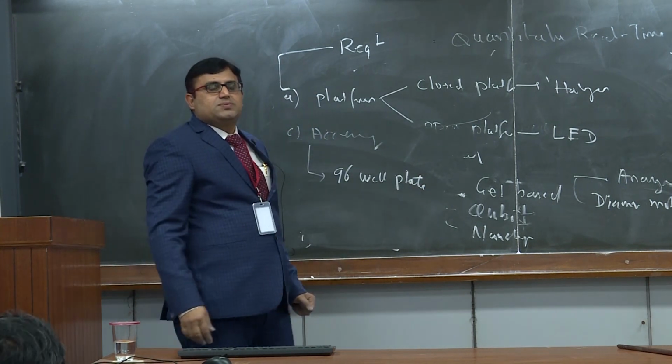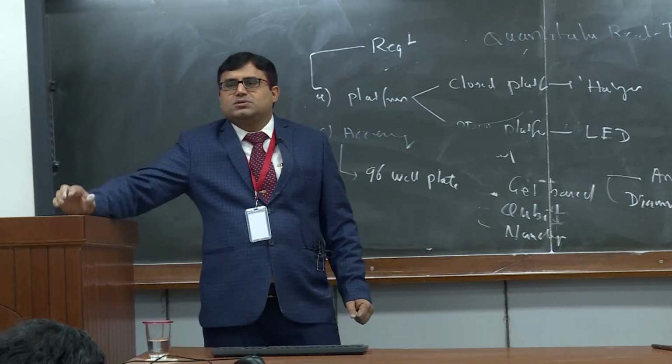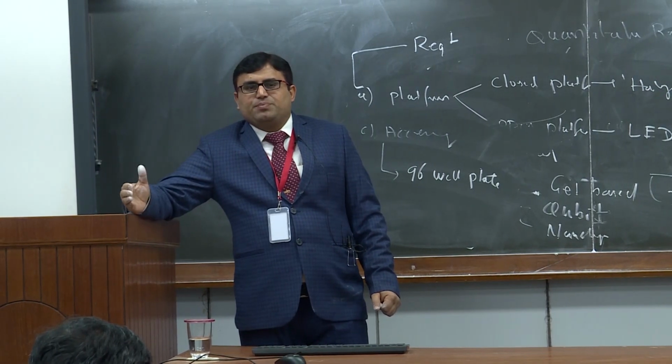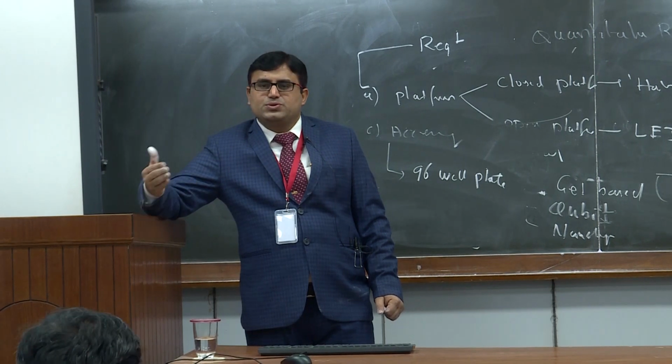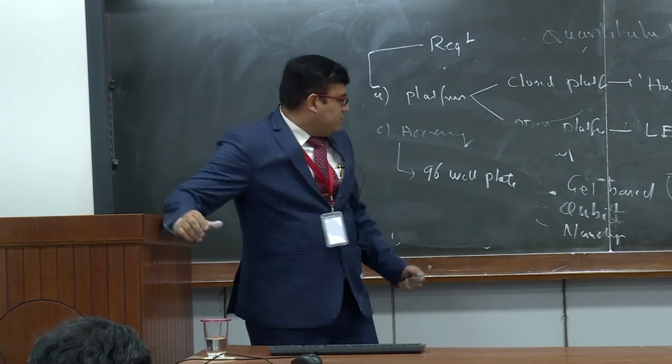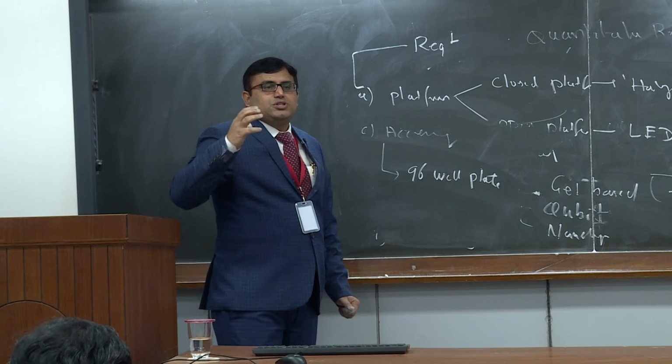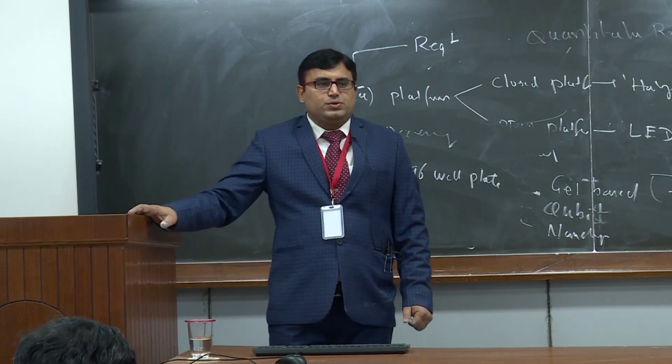This 96 well plate comes in different forms, skirted and semi-skirted. Based on the instrument, some instruments prefer semi-skirted, others use skirted plates. So you need a 96 well plate which fits into the platform which you are going to use.